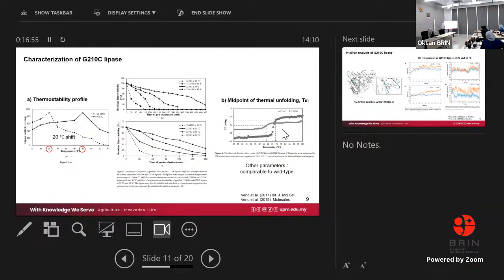And then we further investigated what happened to the structure of the enzyme, and we further confirmed the thermostability profile.